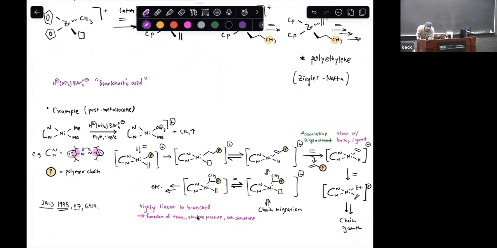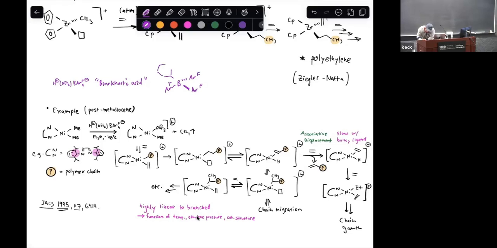So what are the special properties of Brookhart's acid? Why does it get a name in the context of organometallic chemistry? It is the canonical example of an H+ in association with a WCA, a weakly coordinating anion, in this case, BARF. What is BARF? BARF is this weakly coordinating anion, which means there's no site of high enough electron density to really stably coordinate to the metal, so it stays outer sphere.